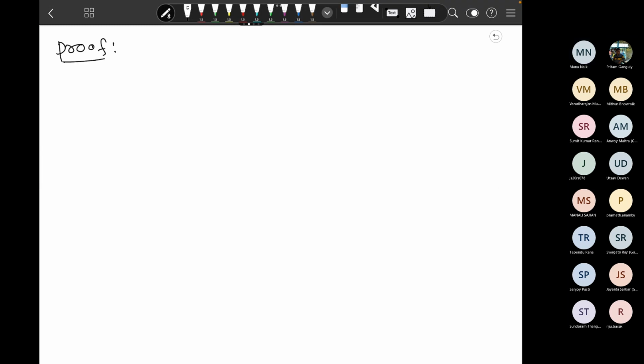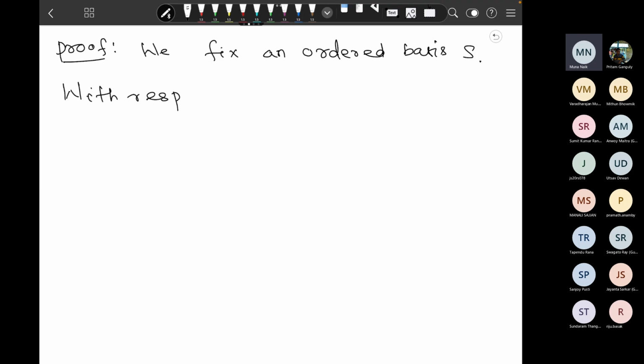Say we fix an ordered basis S. With respect to S, let P be the matrix associated to B.